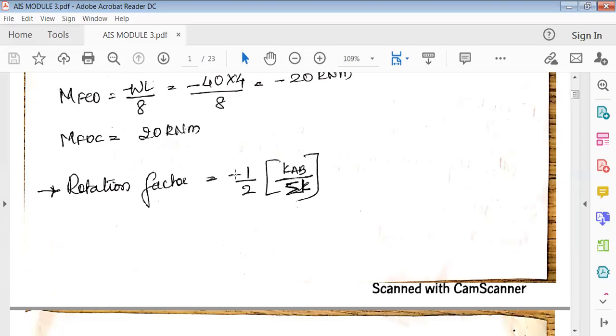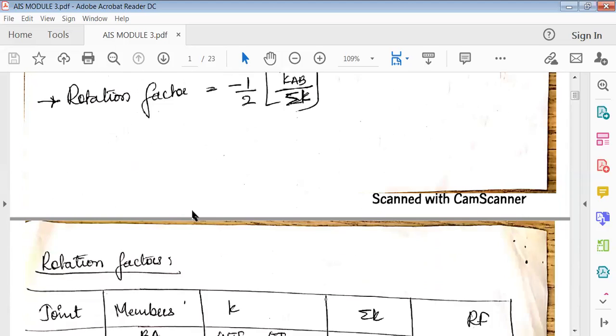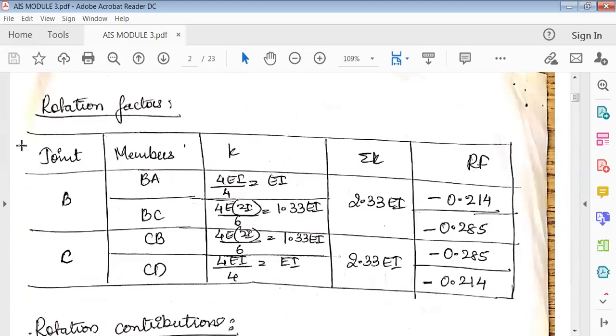Here the rotation factor is K by summation K, but multiplied by minus 1 by 2, that is minus 0.5. So that is what you're going to find as the rotation factor.